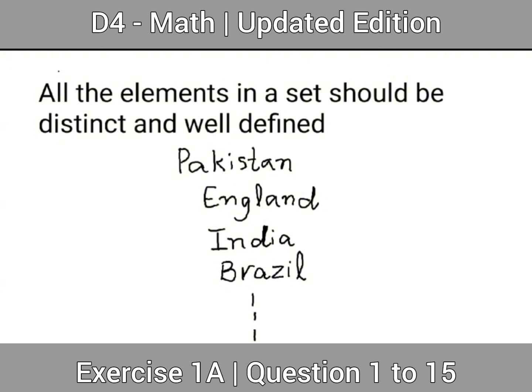In this case, each cricket playing nation is a member, and every cricket playing nation is well defined because each cricket playing team is a member or an element of the set we are considering now. And every element is distinct because every element occurs only once.